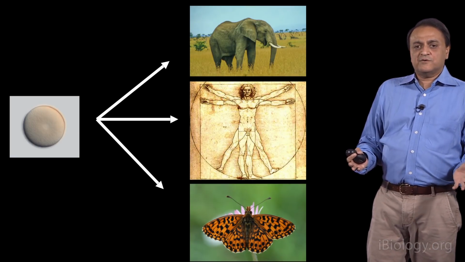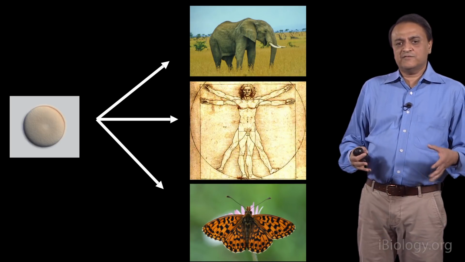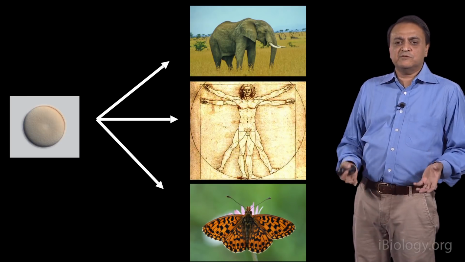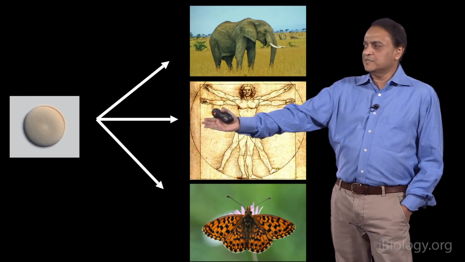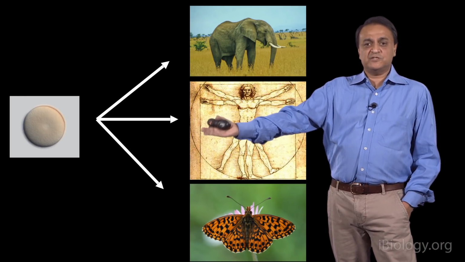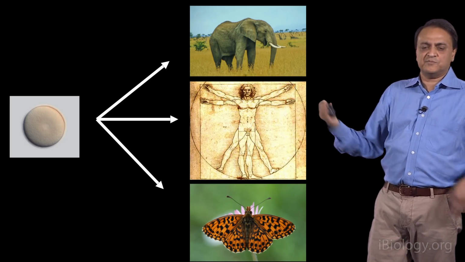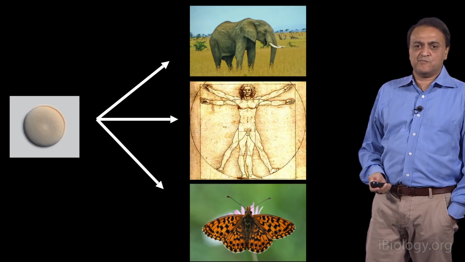In all of this, though, there's also the understanding that all of these animals start off as a single-cell embryo. And many times when you look at that single cell, you can't really tell what kind of species that's going to be, but then it goes ahead and develops into these different adult forms that are quite remarkably different from one another.